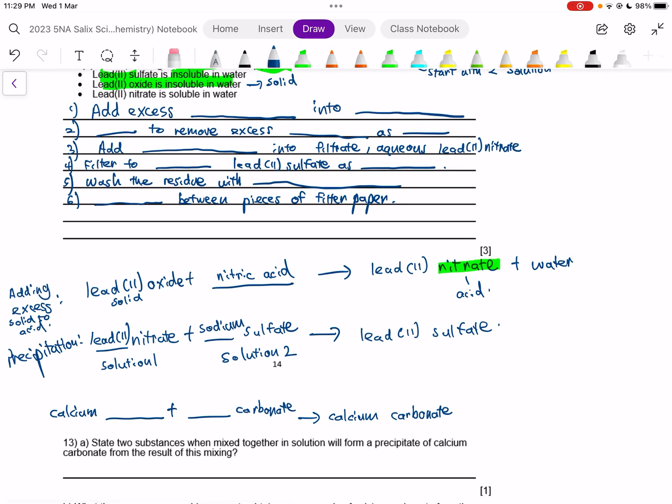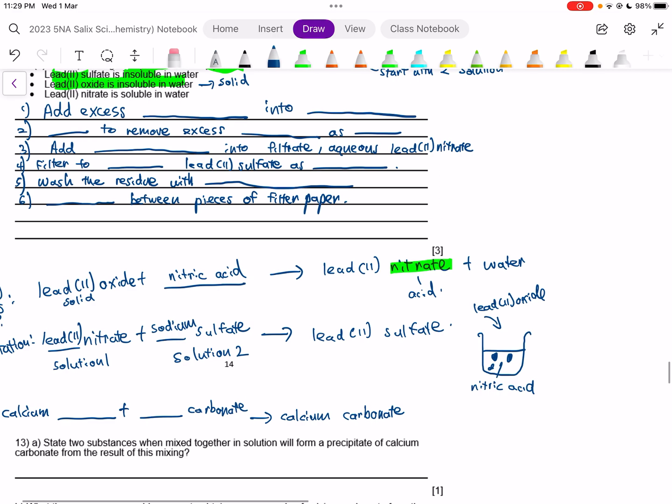So what you do is this. I say this is the nitric acid, and you just add lead 2 oxide inside. A lot of lead 2 oxide inside. Then the next thing you do is to filter out the lead 2 oxide.